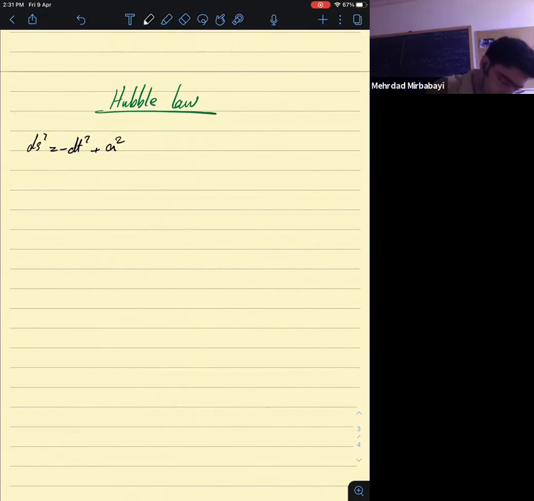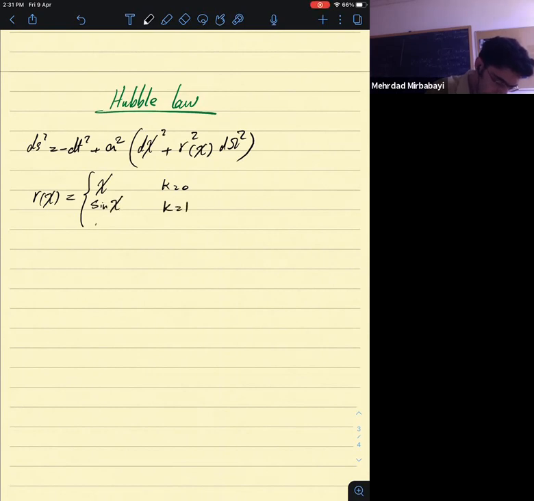Let's do the following. We said there are three types of metrics, right? These three types of metric, I can also write in the following form. Perhaps you have seen it in the exercises. So this R of chi is equal to chi if k is equal to 0, equal to sine of chi if k is equal to 1, and equal to sine hyperbolic of chi if k is equal to minus 1.